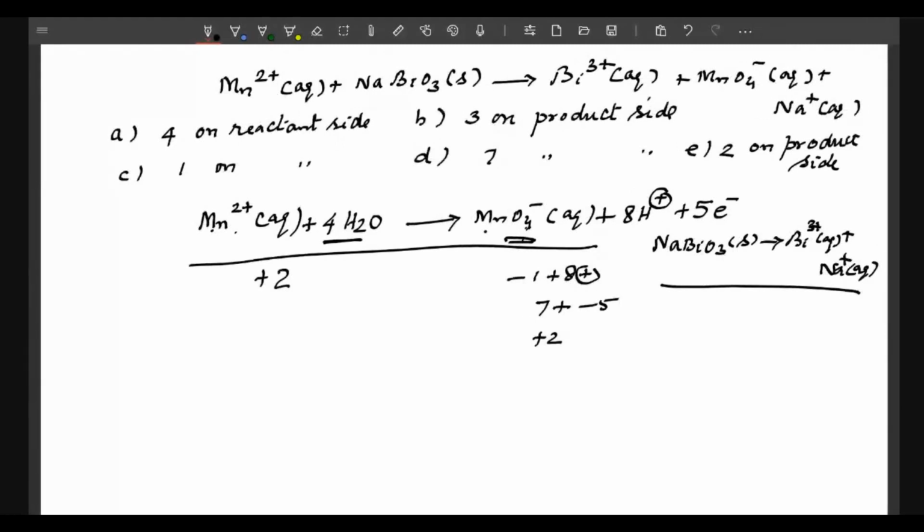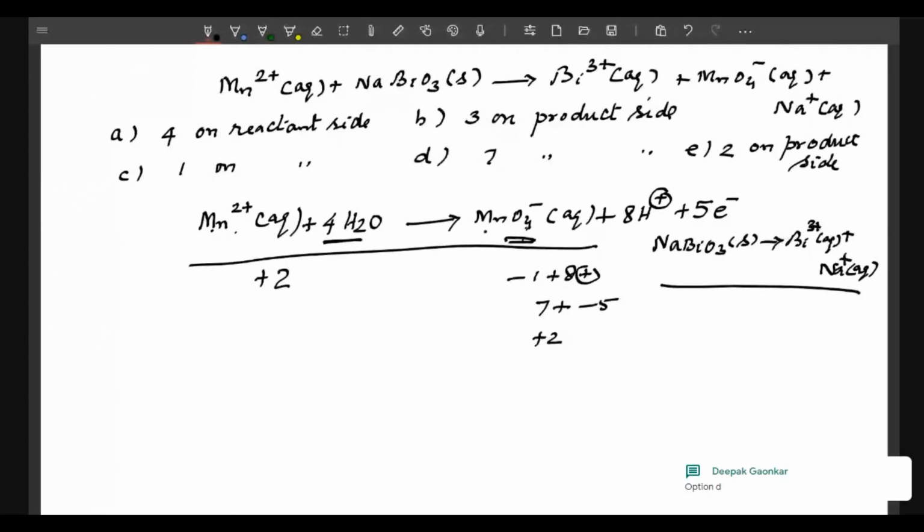Whether these half reactions are oxidation or reduction half reactions, you can easily tell. If electrons are found on the product side, it is an oxidation half reaction. If the electron is seen on the reactant side, it is a reduction half reaction.